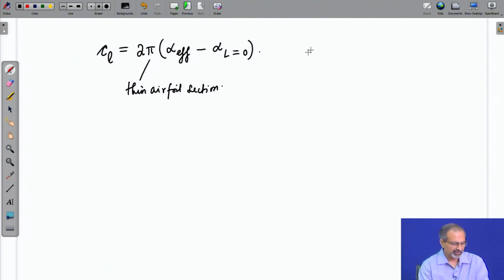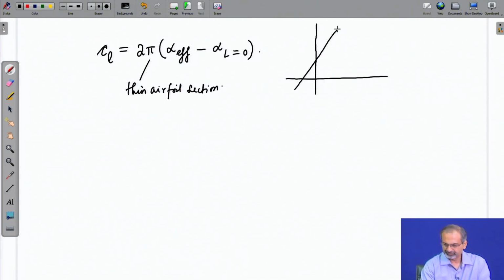So, basically what are we trying to say? If we were to look at the sectional characteristic, then you have alpha L equal to 0 here, you have alpha stall here, you have some other intermediate alpha.